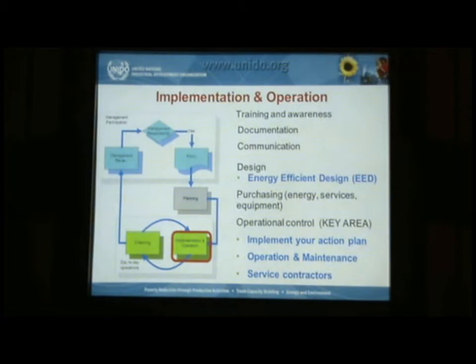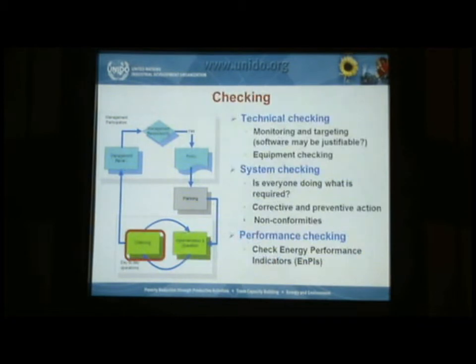It does not leave the office or the industry. It does not live together with the person. It is always maintained in the office. Now again, the design: you use energy-efficient design based on other standards, like MS 1525 or something else. And operation and maintenance is again a key point here.